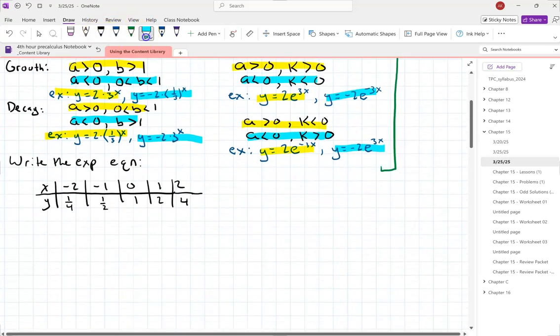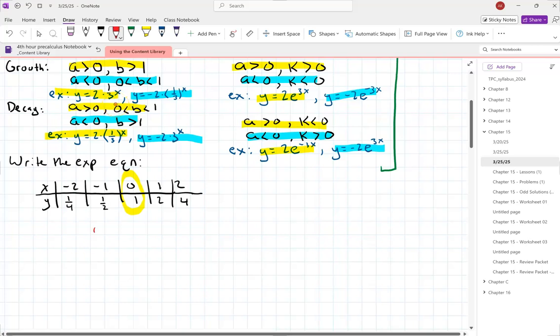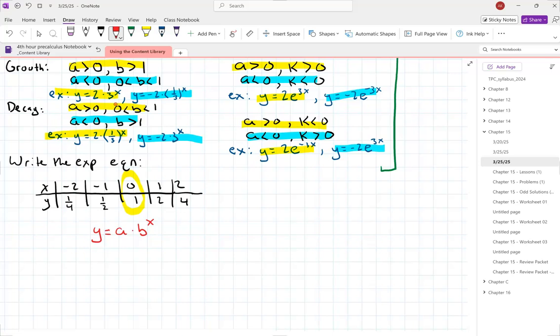Another problem that we saw last time was writing the exponential equation from a table of data. Now we saw that this was really easy if one of my points has a 0 for x. So what we're trying to do is write an equation y equals a times b to the x.